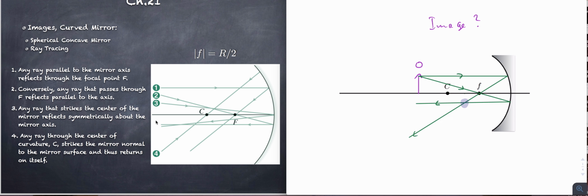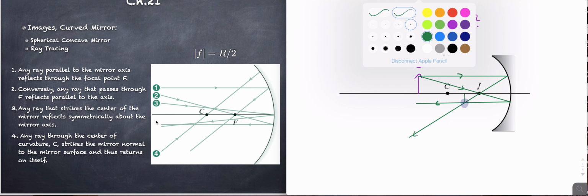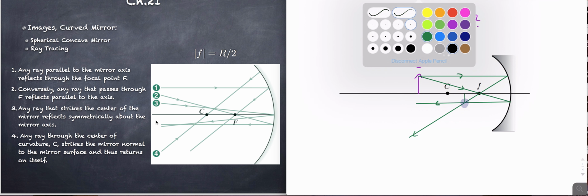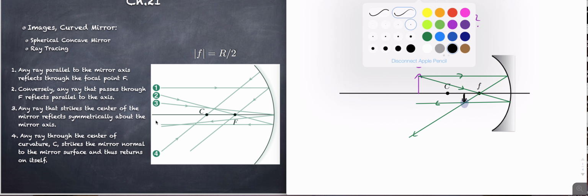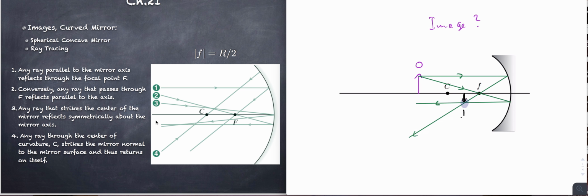So this is telling me that my image here, let me use black, is in between the center of curvature and the focal point, and it is smaller, right?